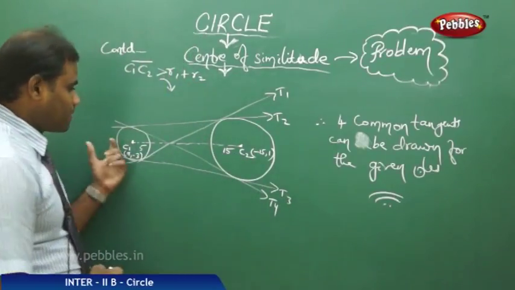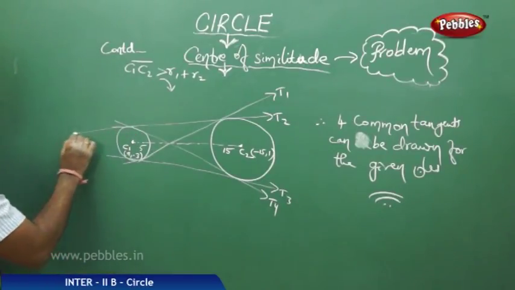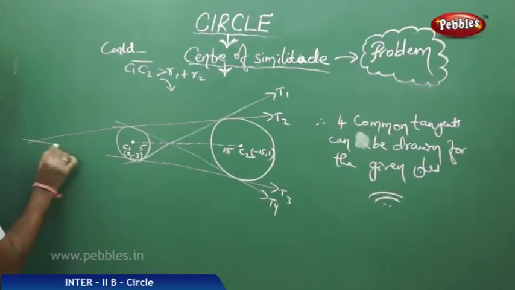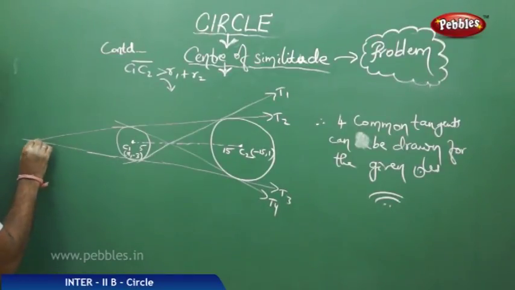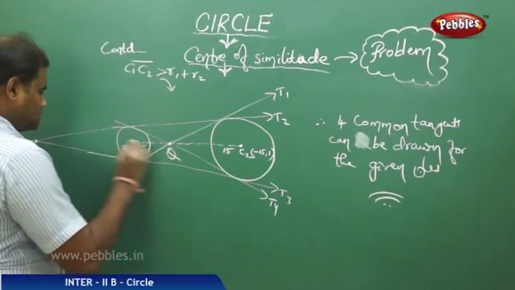Now we know that for these 2 disjoint circles there are 2 centers of similitude, one being this and one being this.